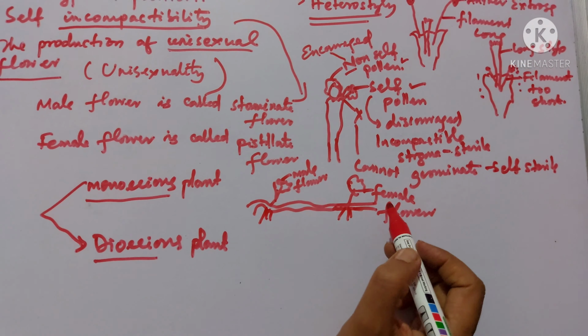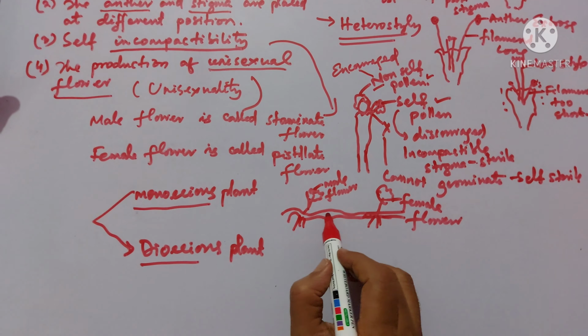That means we cannot find the bisexual flower but unisexual flowers in a single plant.